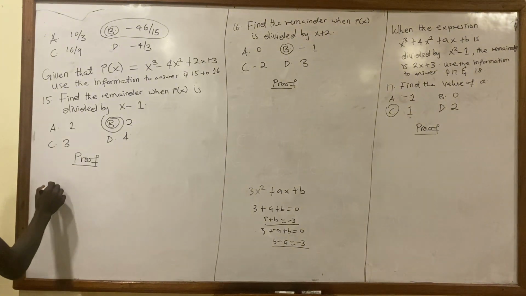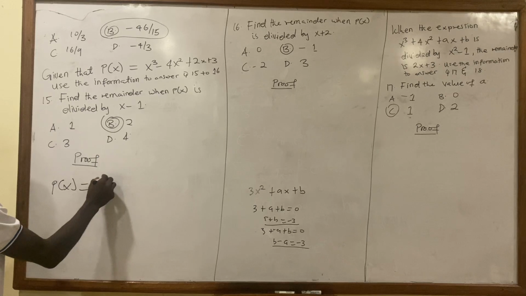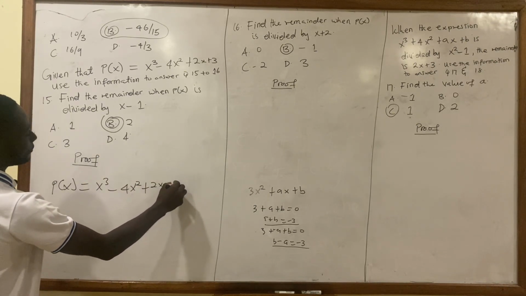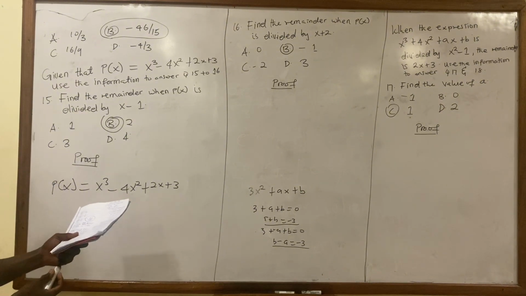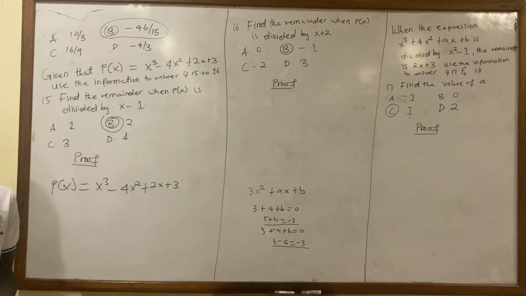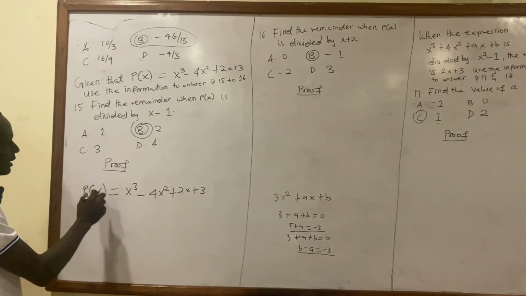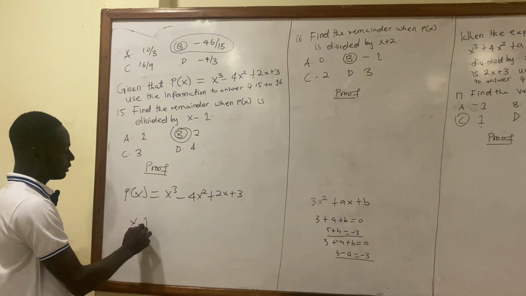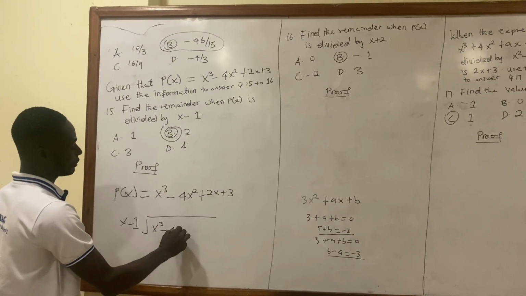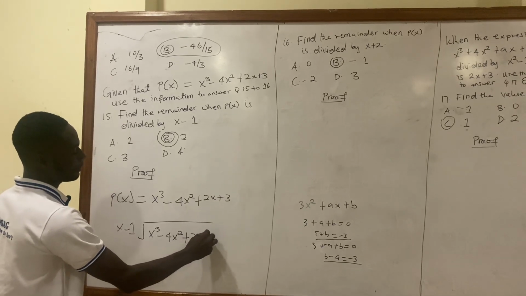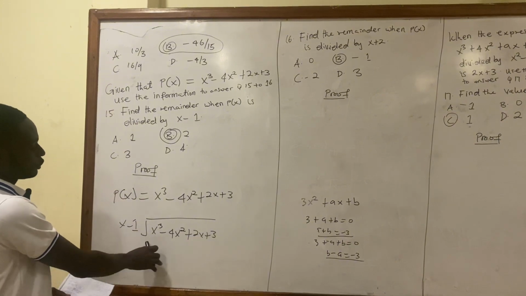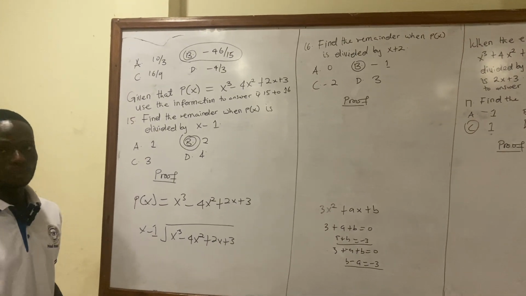So P of X is equal to x cubed minus 4x squared plus 2x plus 3. Having this, they said it is divided by x minus 1. So we divide x cubed minus 4x squared plus 2x plus 3 by x minus 1. Use this to divide every expression under the root sign.